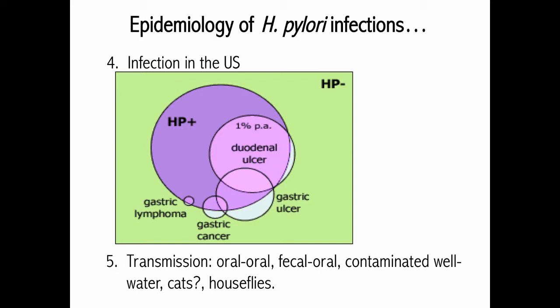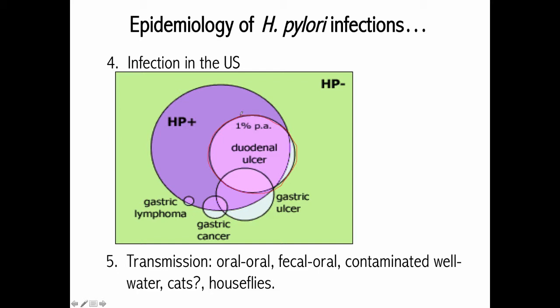Then if we look at these smaller circles, we can see that the one on the right, and I will try to trace this, but I can't make any promises given that I'm using a mouse, so I'm talking about this circle here. This is showing the fraction of people that are Helicobacter pylori positive and negative that have duodenal ulcers.